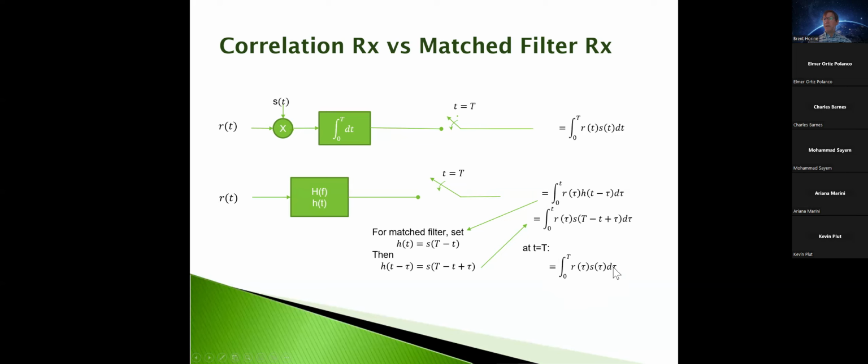Well, it doesn't matter whether this is called tau or t or alpha or omega or whatever. It's the same equation, right? In the integrand, these are essentially dummy variables. So these two equations are exactly the same. But note that it's at this time t.